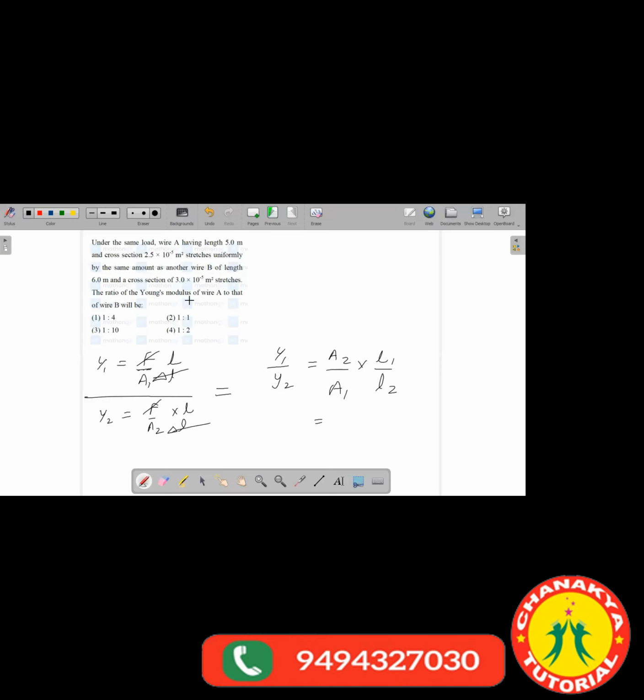A2 is 3 multiplied by 10 to the power minus 5, divided by A1, which is 2.5 multiplied by 10 to the power minus 5, multiplied by L1 over L2. L1 is 5 meter and L2 is 6 meter, so it's 5 by 6. Now the 10 to the power minus 5 terms cancel. It's 15 by 15, which is 1. So 1:1 is the answer. Answer is option 2.